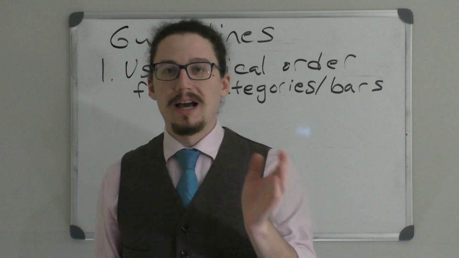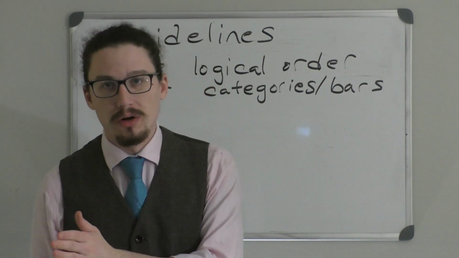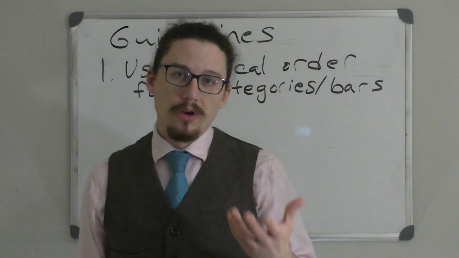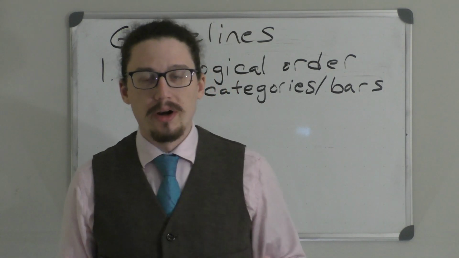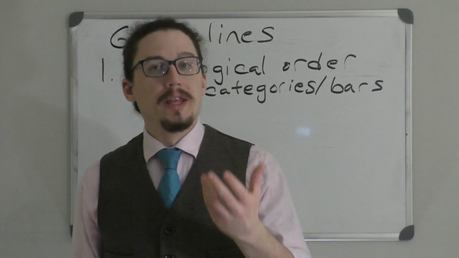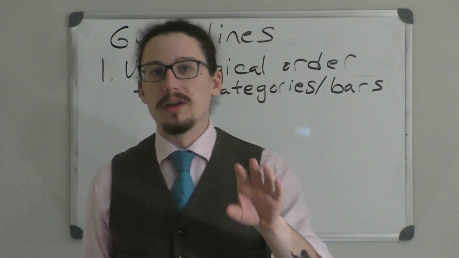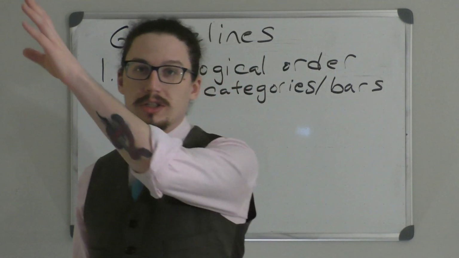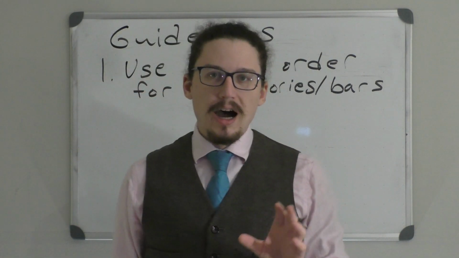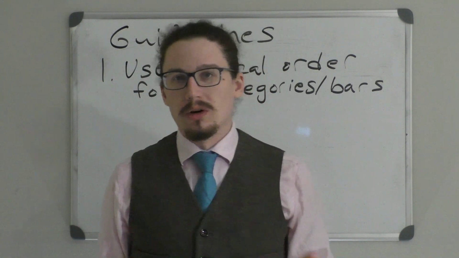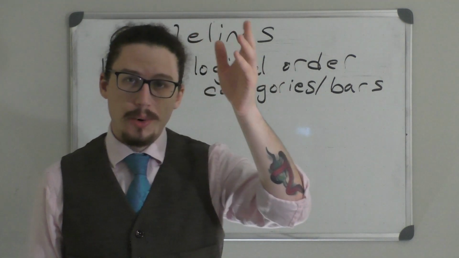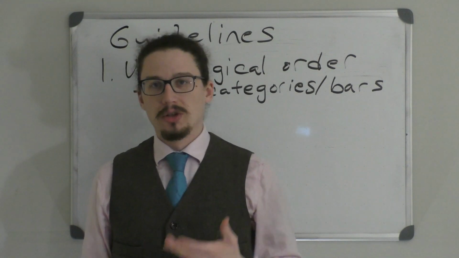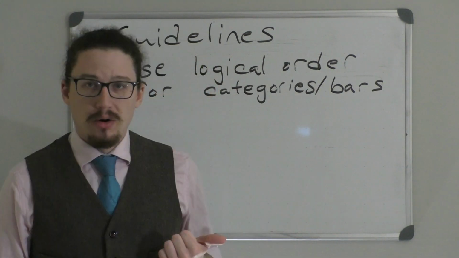So we could put the bars or categories in alphabetical order, so that we can easily find them because we know where to go for each one. We could put them in ascending order, starting with the smallest value and increasing to the largest bar. Or we could do descending order, where we start with the category with the highest frequency and go down. But we should have a logical order.